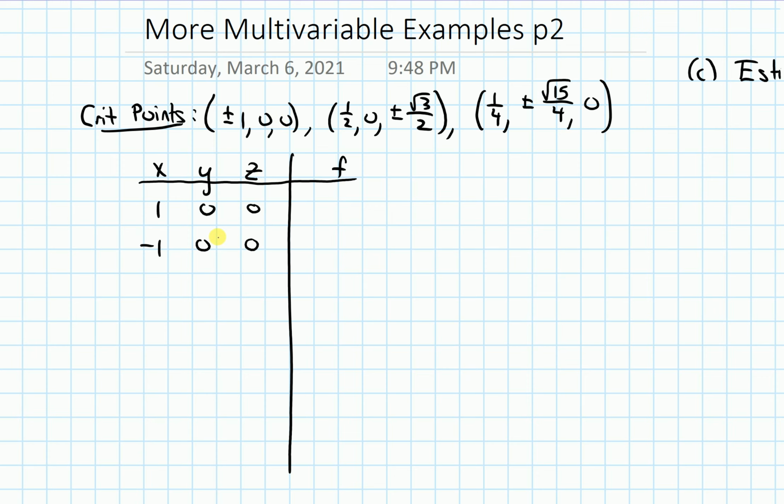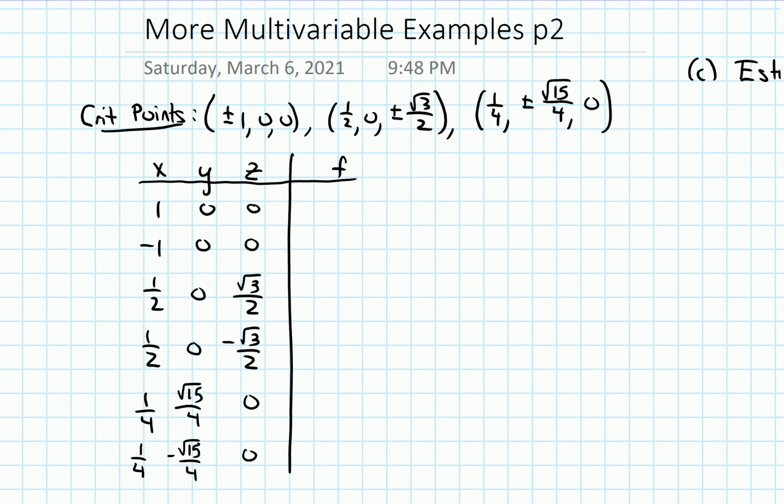Okay, so we get those. For the next critical points, we get x is 1/2, y is 0, z is root 3 over 2, or we could have 1/2, 0, and negative root 3 over 2. And for the final 2 critical points, x is 1/4, y could be positive root 15 over 4, 0, or we could have 1/4, negative root 15 over 4, and then 0 for z.